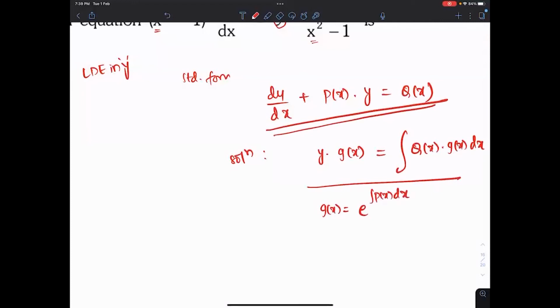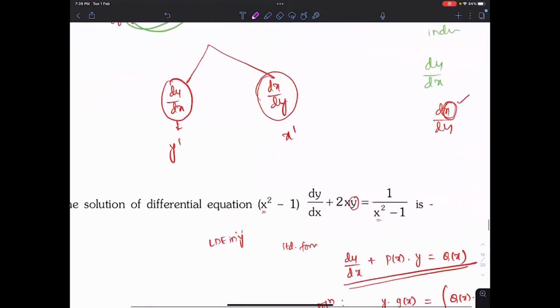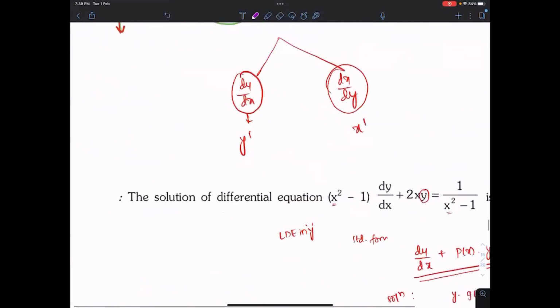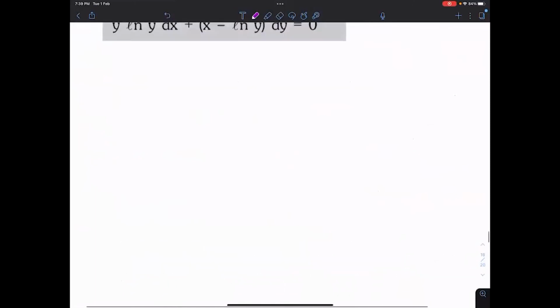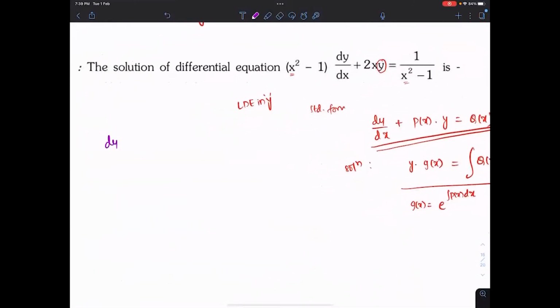Okay. Now, let us see this one. Let us take one simple example. Let us proceed with this one: dy/dx + 2x/(x² - 1) into y equals 1/(x² - 1) whole square.